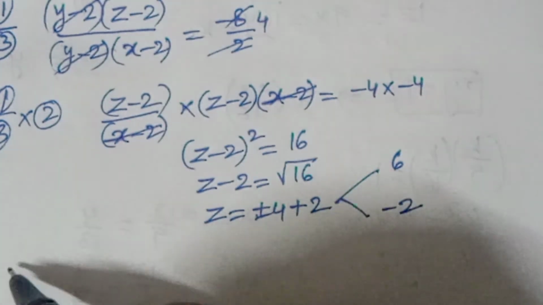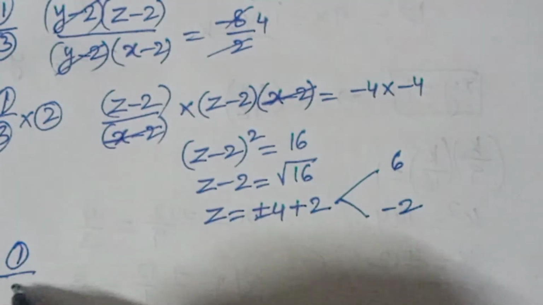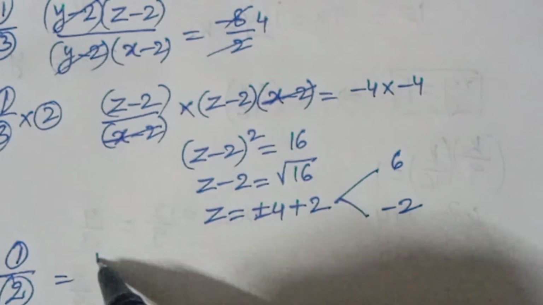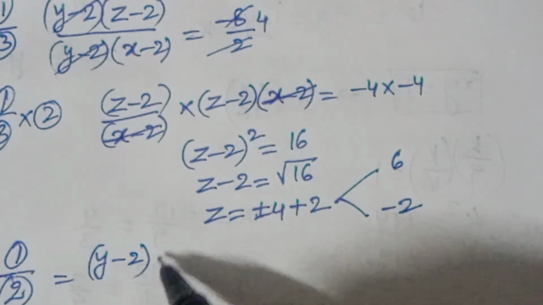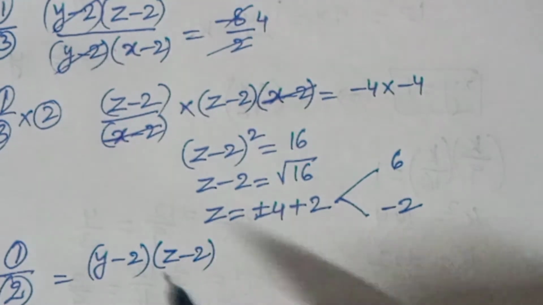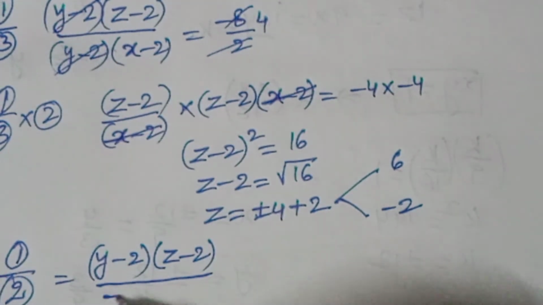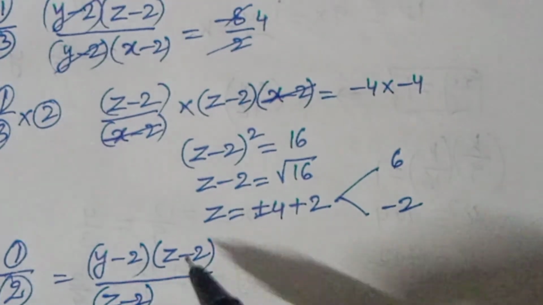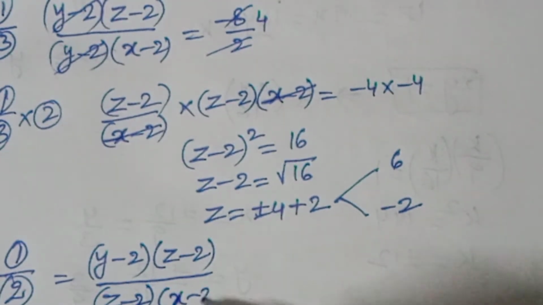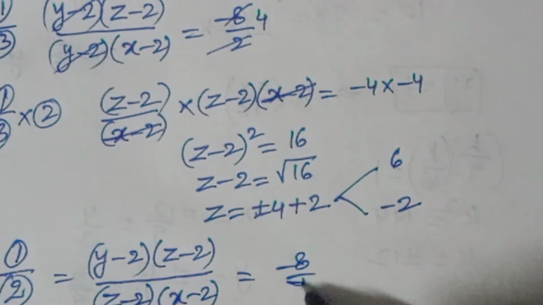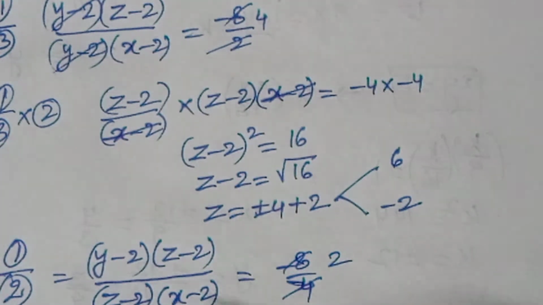In the same way, if you take 1 divided by 2, what is it? y minus 2 into z minus 2 by z minus 2 into x minus 2. So here minus 8 by minus 4, you will get 2.